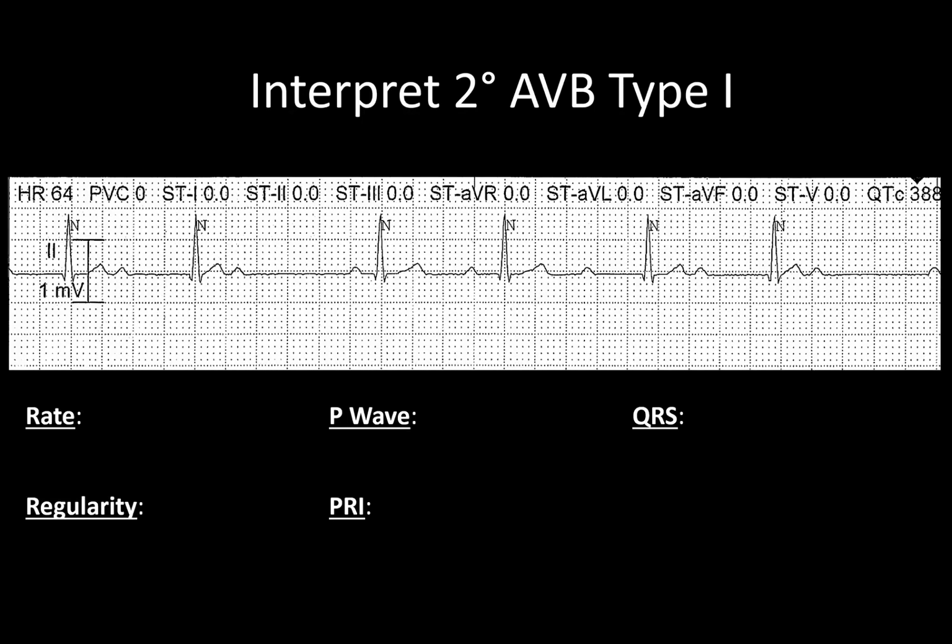Okay, we'll approach this just like we always do. I've got 1, 2, 3, 4, 5, 6, and so 6 times 10 gives us 60. We are definitely irregular.